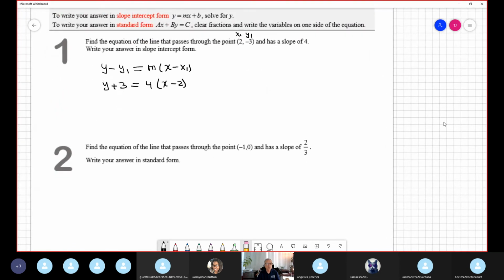Distribute the property. y equals 4x minus 8, sorry, and you move 3 to the other side. And this is the answer. And leave it like that, or let me read again the problem. It said write your answer in slope-intercept form. Okay, I did that.